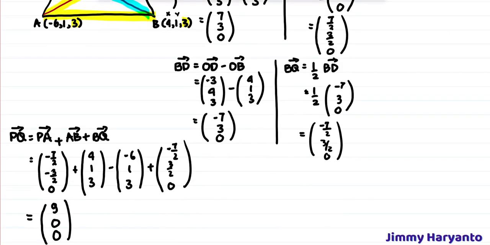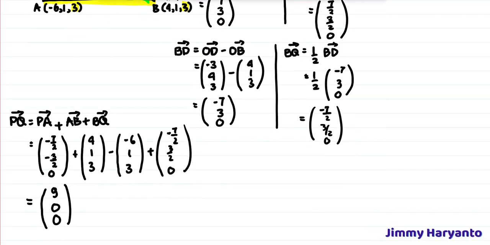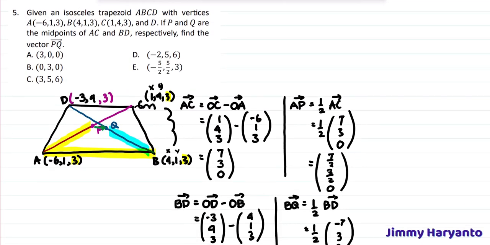Oh no, I made a mistake. 10 minus 7, my bad. 10 minus 7 equals 3, so (3, 0, 0).